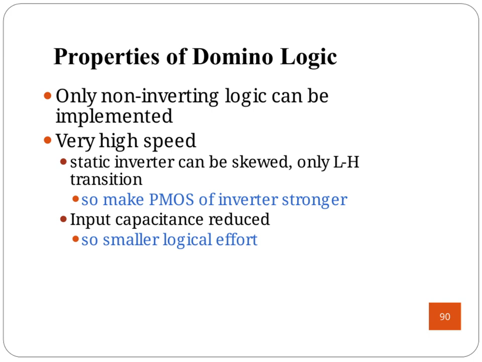To achieve this, the PMOS transistor in the inverter is made stronger. Additionally, domino logic benefits from reduced input capacitance, which translates into a smaller logical effort. This reduction in logical effort is important because it helps conserve power and improve overall circuit efficiency. Together, these properties make domino logic a powerful technique for fast and efficient digital circuit design.